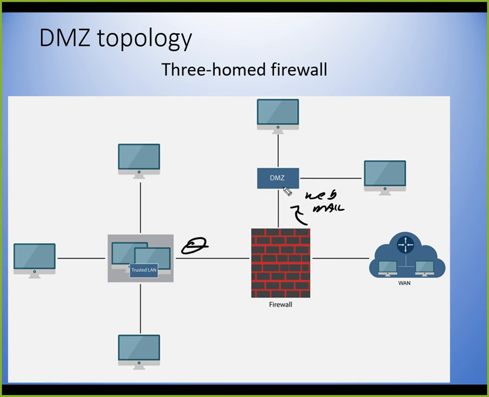The DMZ is semi-trusted, and this one back here is the trusted network, where we don't allow anything to come through the firewall to get to our trusted network except the stateful connections, the ones that are in the state table, to allow the answers to come back in. It's a single device for this.